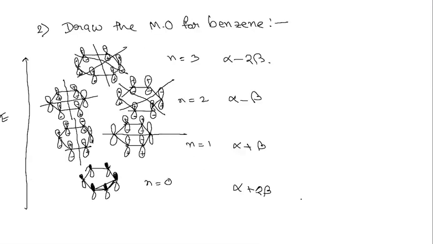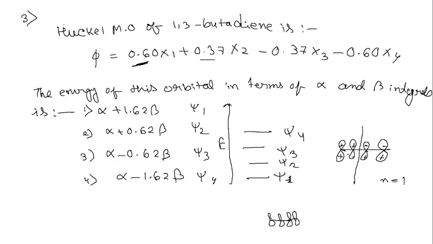I already showed you here also n equals 0. In the ground state, the lower energy has no node. As you go up, the node number is increasing. So here the node number is 1. I will draw that, then you will easily understand.